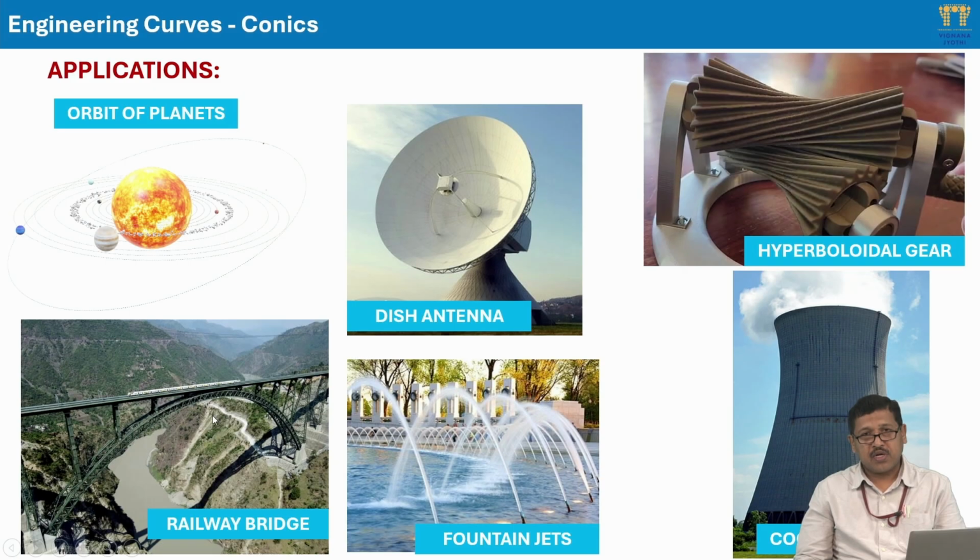Then we have the bridge structures, as you can see over here, the Chenab railway bridge. So this also represents an engineering curve. Then we have the fountain jets. They represent the parabolic curve. Similarly, we have the hyperboloidal gear as well as the cooling towers that are used in nuclear thermal power plants. So these applications indicate that engineering curves are very much needed in our day-to-day life.